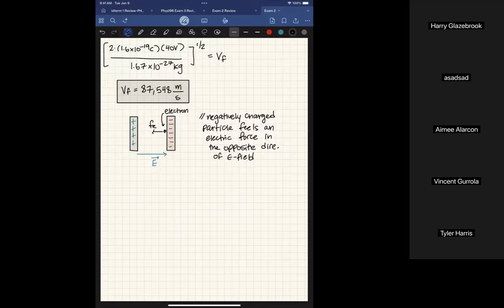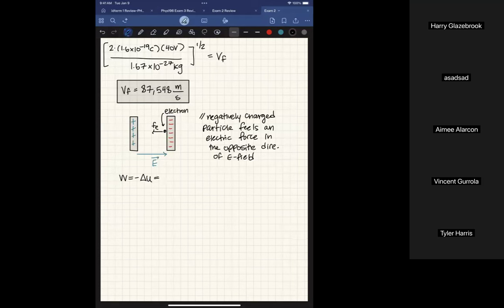That's because it's getting pushed by these negative charges and it's going towards these positive charges, right? So let's see it this way. Okay, so basically what's happening here is the work done is still just negative change in potential energy.